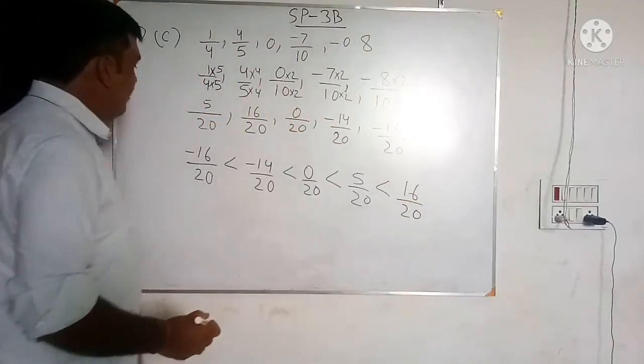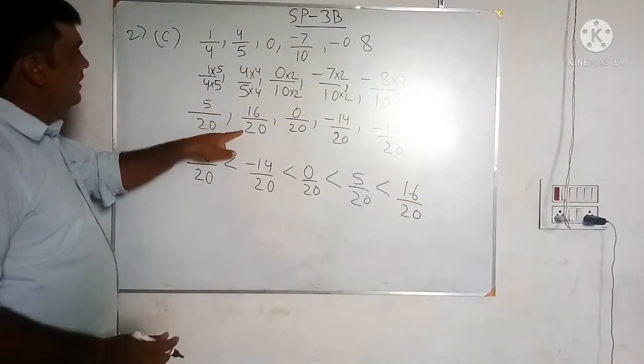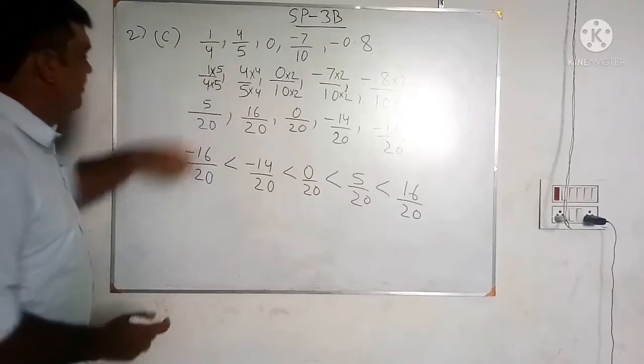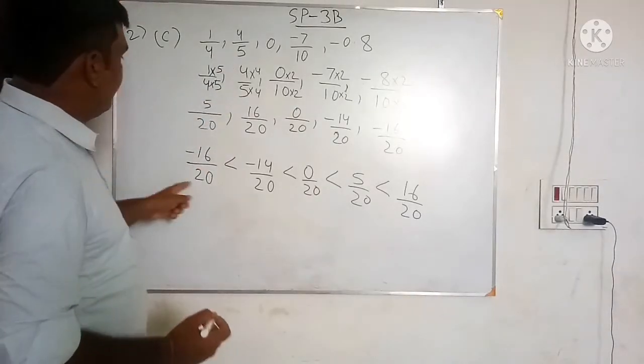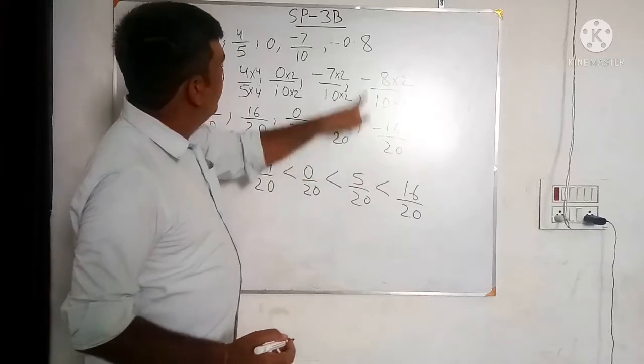Now what are the actual numbers? Minus 16 by 20 is the equivalent of minus 0.8.